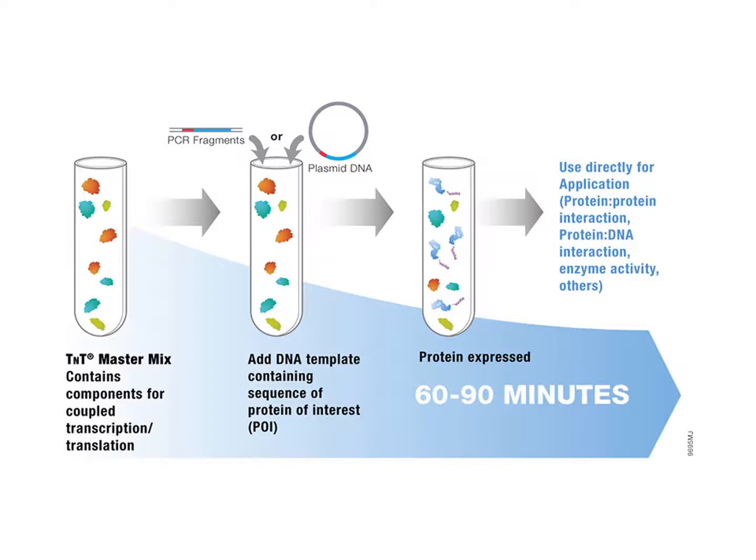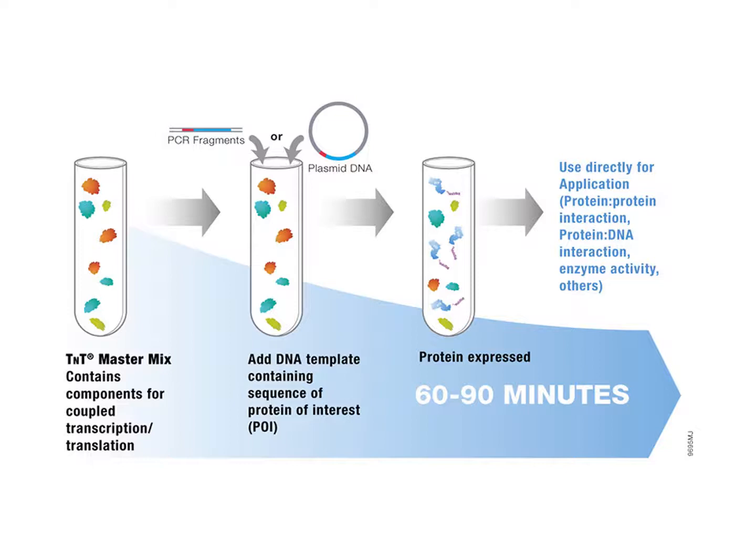And here, somebody was paid. Look, they copyrighted TNT. Boy, that sounds dynamite, doesn't it? So it's a master mix. It contains all the components for coupled transcription-translation. We add the gene, or when we get to molecular, we'll talk about amplifying genes via PCR. And we could take a fragment of a gene and actually express part of a protein, like a domain.